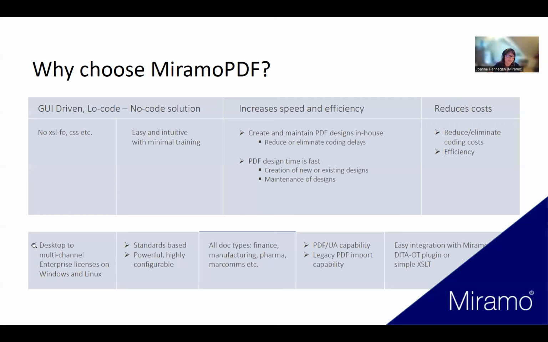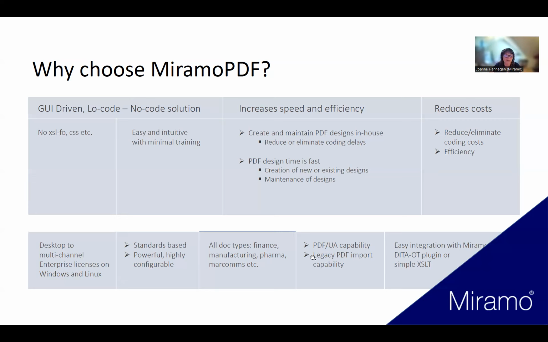Right, so a little bit about MiramoPDF. There are desktop to multi-channel enterprise licenses on both Windows and Linux. It's standard-based. It's very powerful and highly configurable. It can achieve any level of sophistication of documents, so it can produce all document types: finance, manufacturing, pharma, marcoms, etc. It's PDF UA capable, and it has the functionality to allow you to import legacy PDFs.